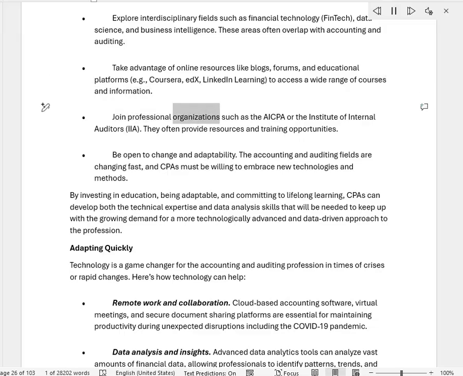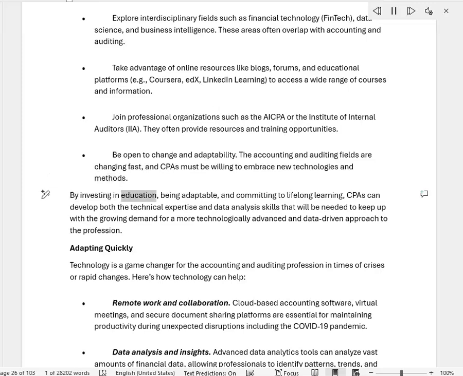Join professional organizations such as the AICPA or the Institute of Internal Auditors, IIA. They often provide resources and training opportunities. Be open to change and adaptability. The accounting and auditing fields are changing fast, and CPAs must be willing to embrace new technologies and methods.